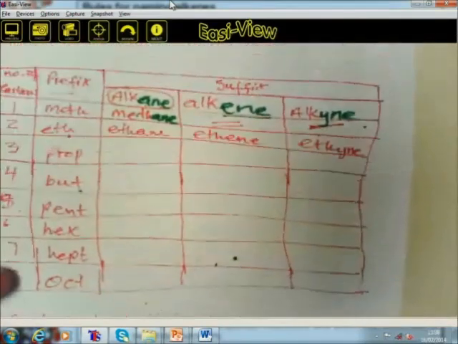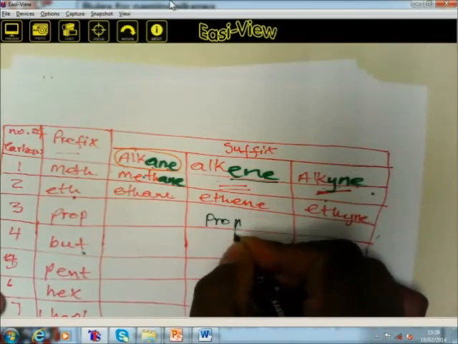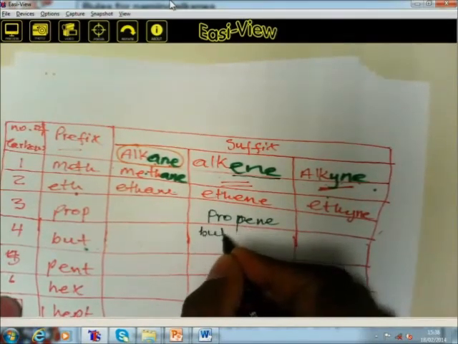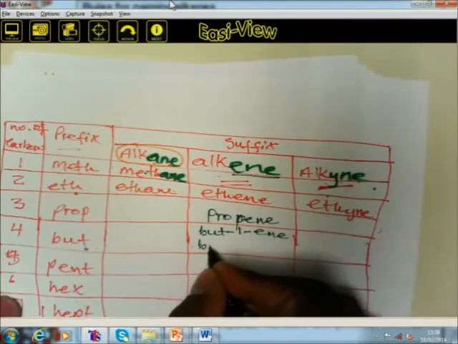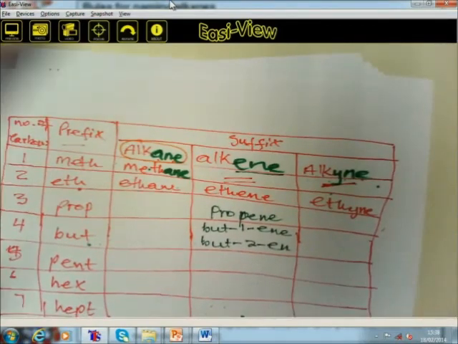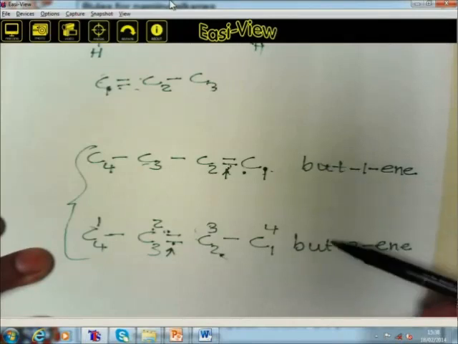So just be careful when you complete the table: here you can have propene, but here you can have but-1-ene or but-2-ene. And we have shown you with the structure the difference between but-1-ene and but-2-ene.